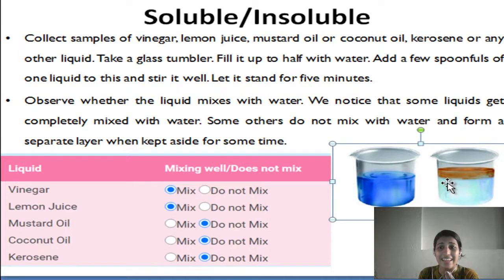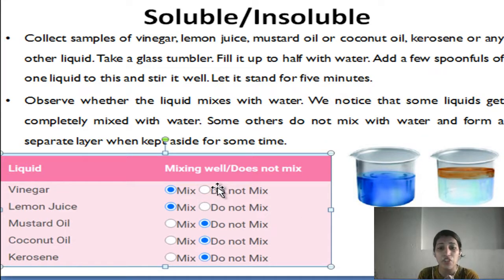We notice that some liquids get completely mixed with water. For example, when you add vinegar or lemon juice, they completely mix with the water. While some others like mustard oil, coconut oil and kerosene do not mix with water and form a separate layer when kept aside for some time.